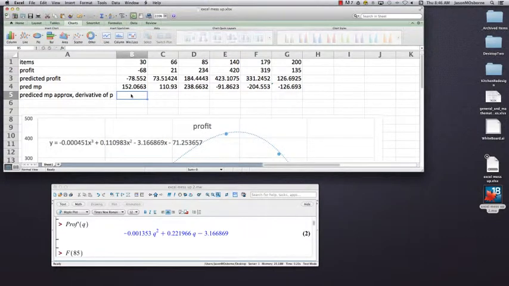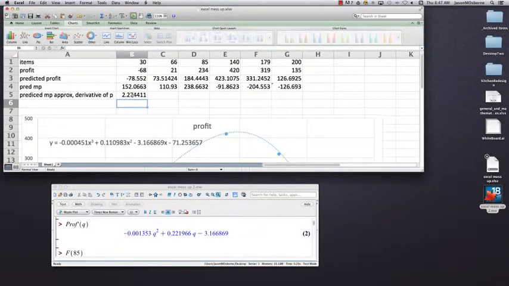Okay, so if we want to put in this function, it should be minus 0.001353 times the number of items squared plus 0.221966 times the quantity to the first minus 3.166869.